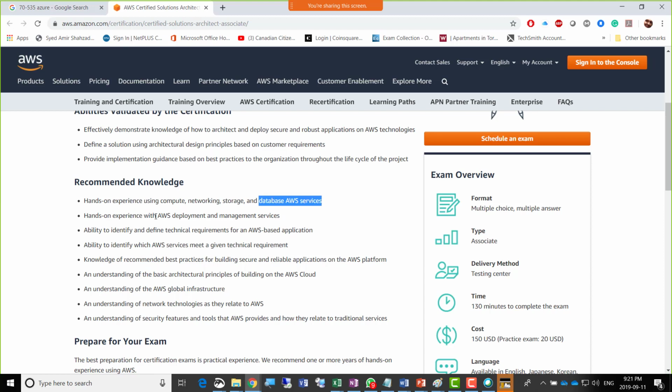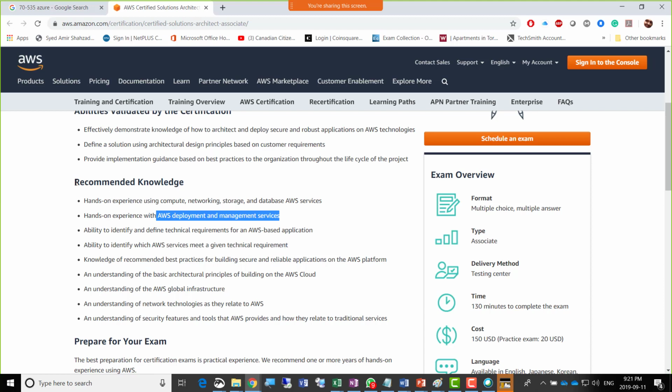Hands-on experience with AWS deployment and management services, we're going to go for that: how to deploy those services, how to create them, how to properly configure and secure them. Ability to identify and define technical requirements for an AWS-based application, and to identify which AWS services meet a given technical requirement. We're going to go through all that.